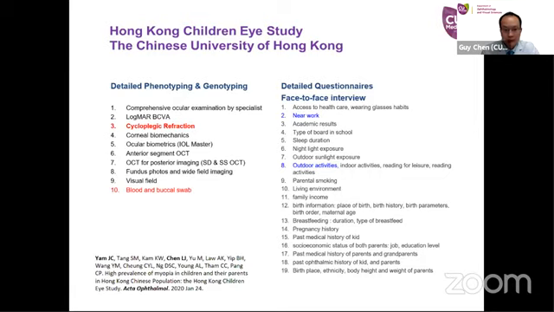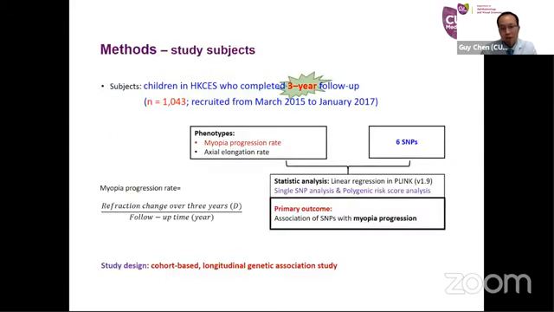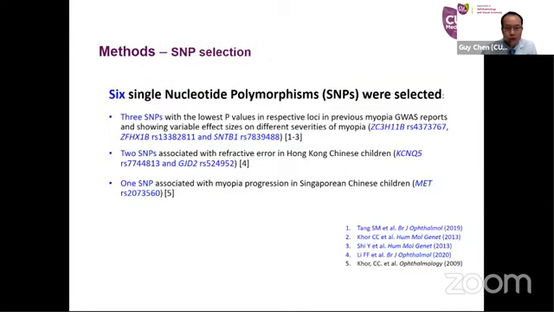Also, we collected detailed demographic and lifestyle data using questionnaires. We followed up the children for 3 years, and this study involved over 1,000 children who have completed the 3-year follow-up. We selected SNPs from our previous studies and also the MET SNP from the Singaporean study.